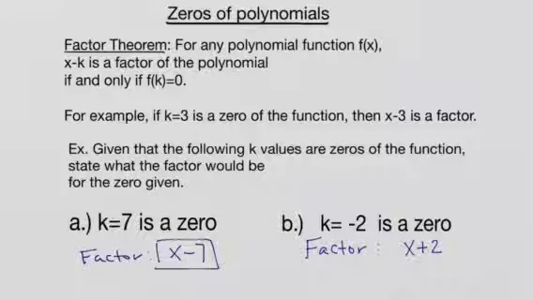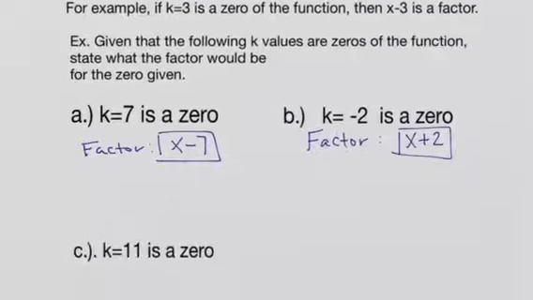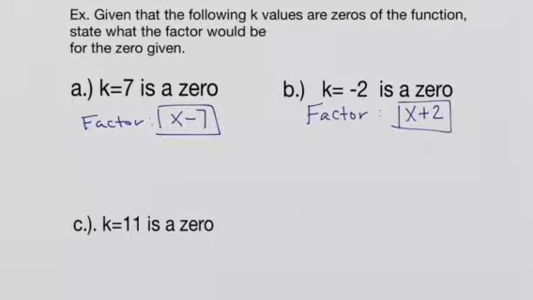So it's the opposite sign than what was given as the 0 when we put it in factored form. And one more example is that if we were told that k equals 11 is a 0, then in factored form the factor of that function is x minus 11.